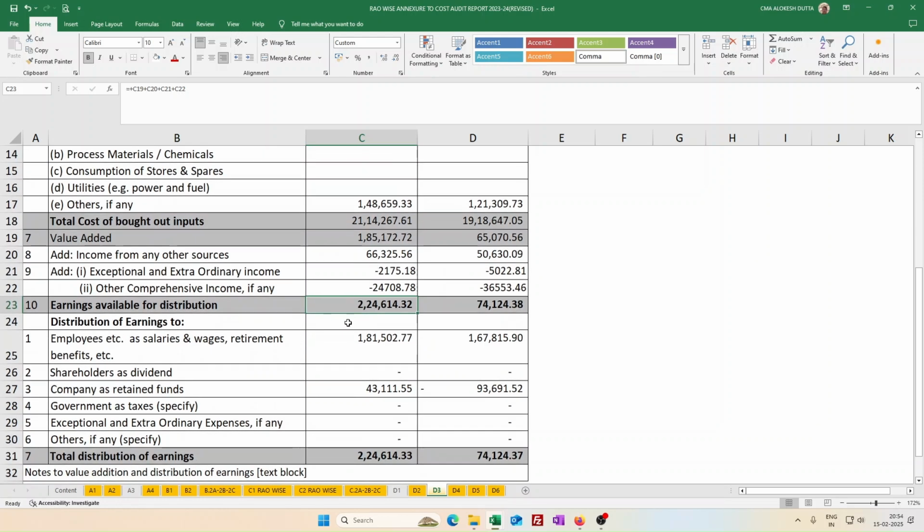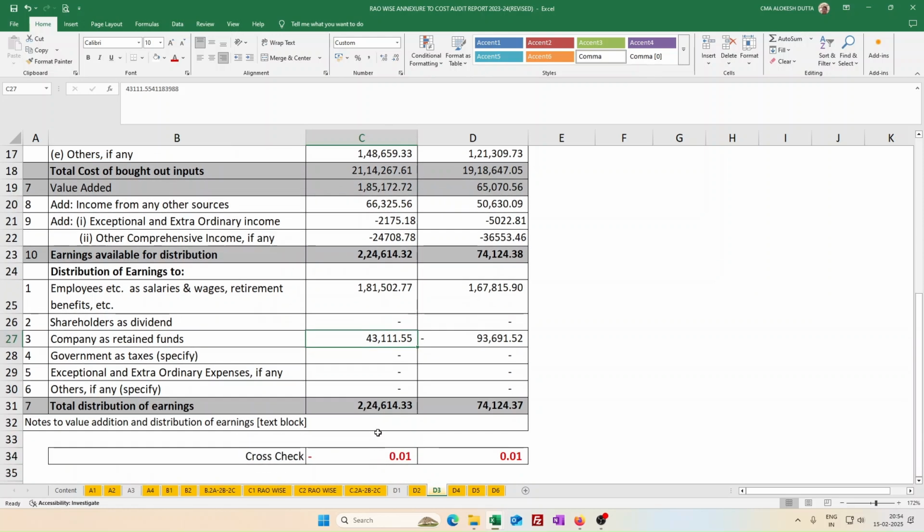Now, how this earnings has been distributed for employee, that is the employee cost, shareholders dividend, company's retained fund, and like this. These have come from profit and loss and balance sheet. And you see, this is 224,614, this is 224,614. These two must be equal, total earnings and total distribution.